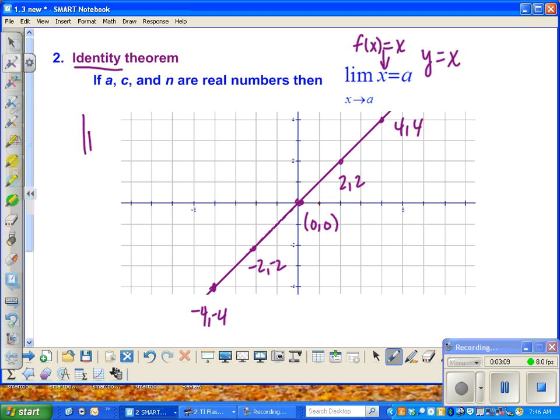So if I want to take the limit of x as x approaches -2, as I approach -2 from the left, my y values are approaching -2. As we approach from the right, the y values are approaching -2, so this limit would be -2. If I want to do the limit of x as x approaches 0, as I approach from the left, the y values are approaching, Caitlin?